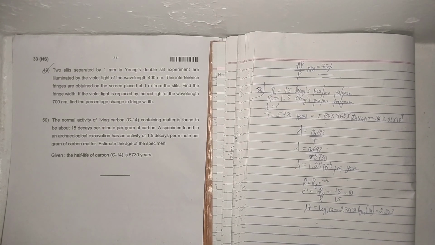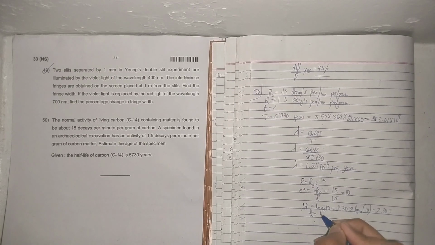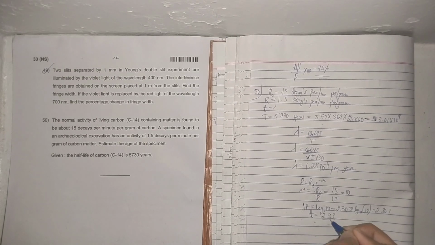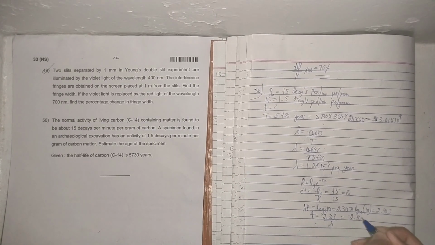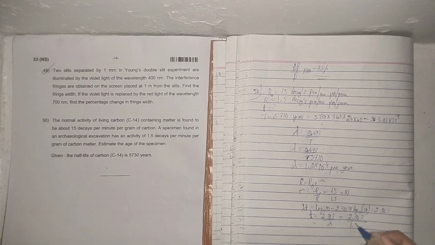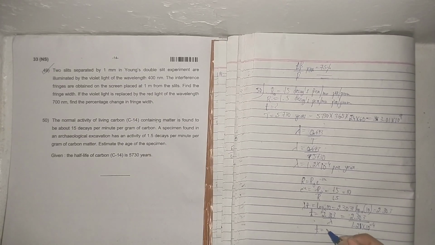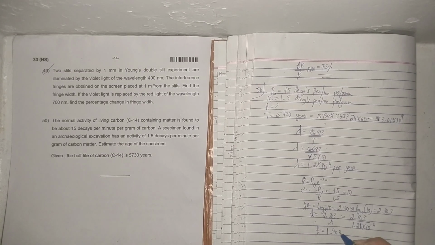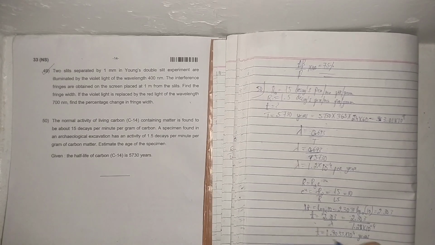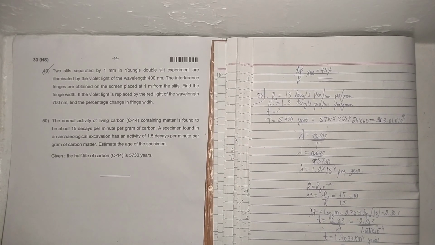Therefore, the final answer: t is equal to 2.303 by λ, that is 2.303 by 1.21 into 10 to the power minus 4. So t is equal to 1.903 into 10 to the power 4 years. This is the answer for question number 50.